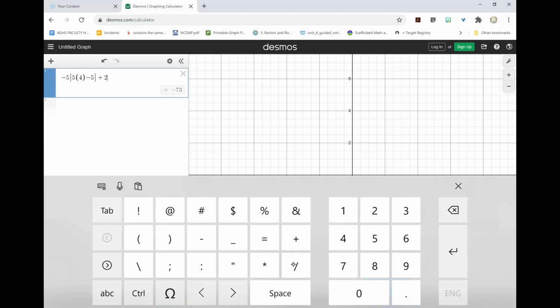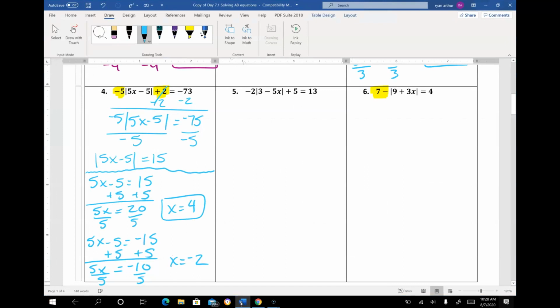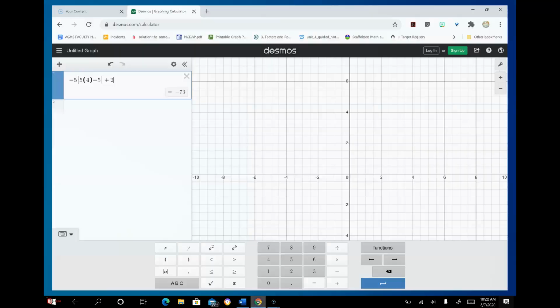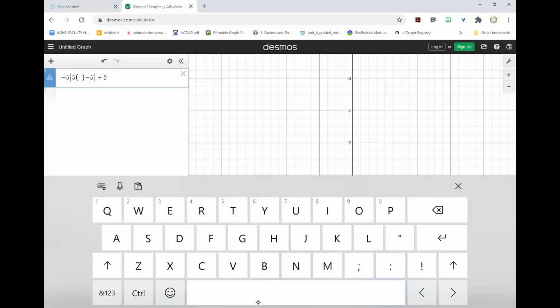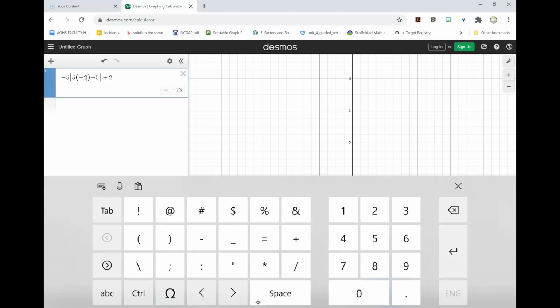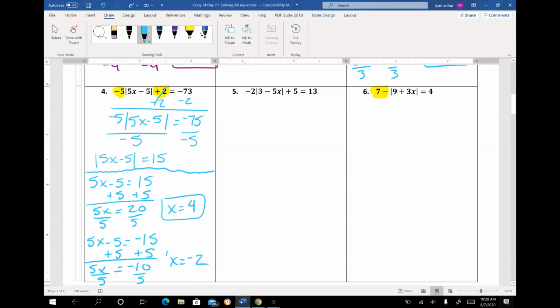That gives me -73, and that's what my solution was. So 4 is an answer. Now let's try -2. I'm going to take the 4 and replace it with a -2. I still get -73, so that also is an answer, okay?